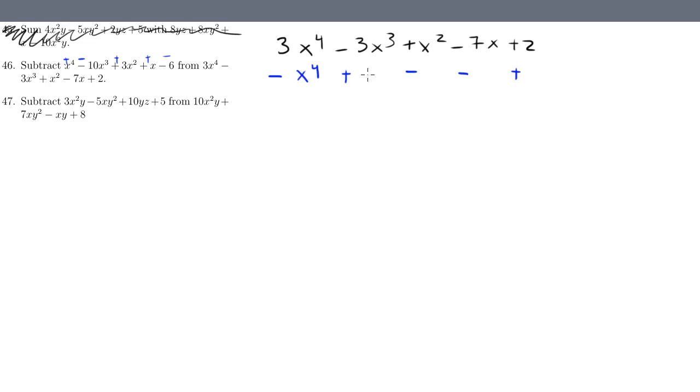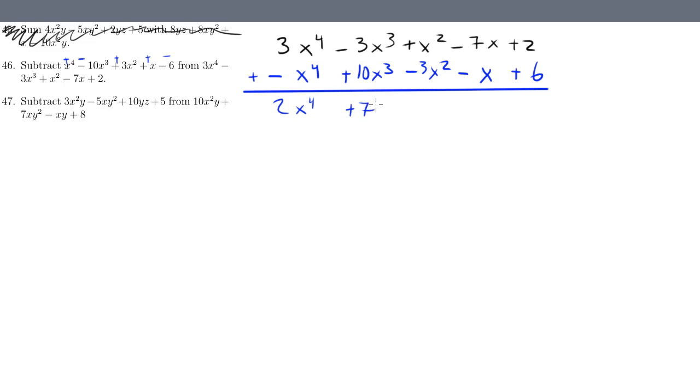X to the fourth, 10x cubed, 3x squared, x, 6. And I'm going to add these up. Alright, so that's 2x to the fourth plus 7x cubed minus 2x squared minus 8x plus 8.